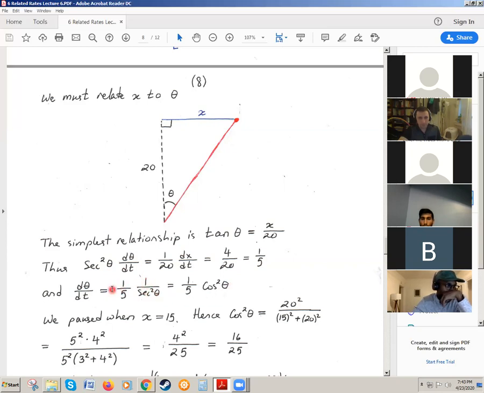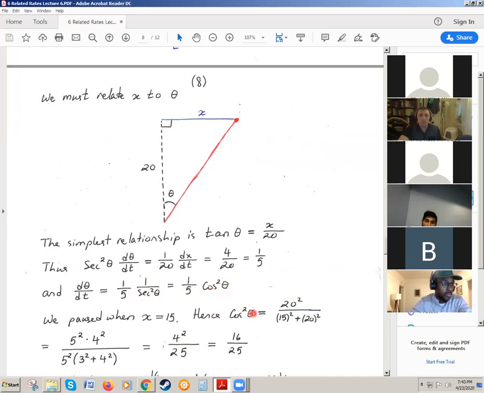So again, I see a secant squared multiplying d theta dt. I want to carry it across the equal sign, so I divide both sides by secant squared. So d theta dt equals 1/5 times 1/secant squared, but 1/secant squared is just cosine squared. So I have 1/5 cosine squared.